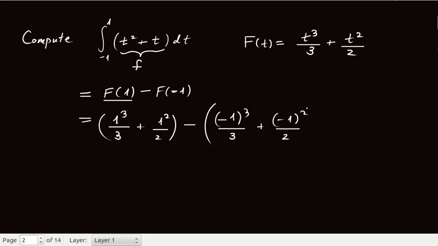Now, it's very important to remember these parentheses, otherwise, when you subtract, you'll actually get the wrong sign on the second term. So very important, use parentheses when you do this minus sign.